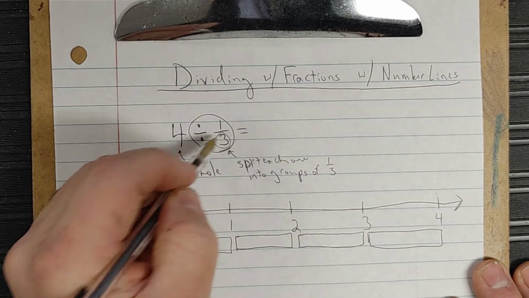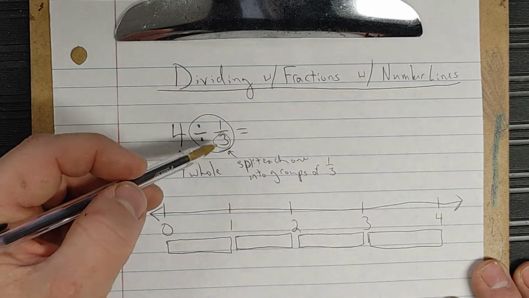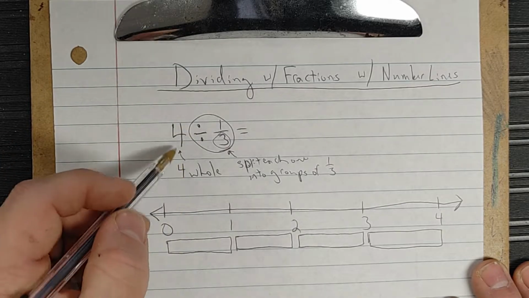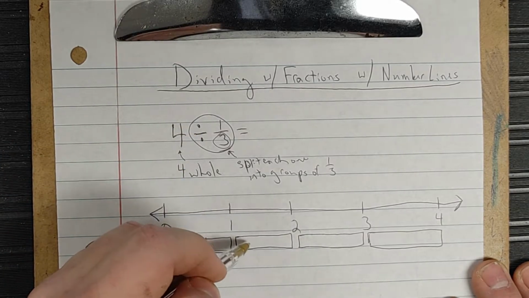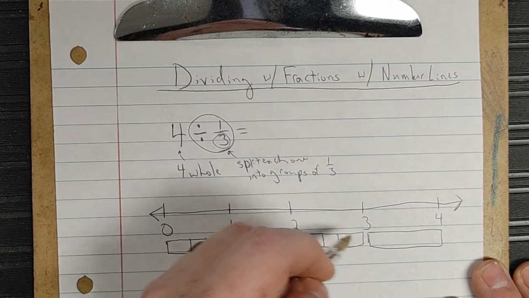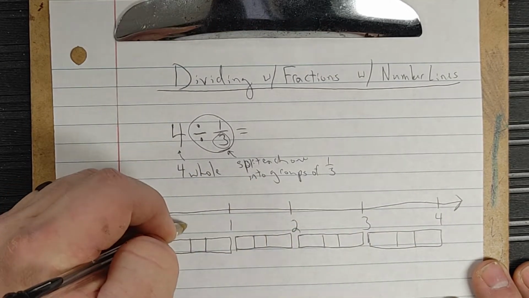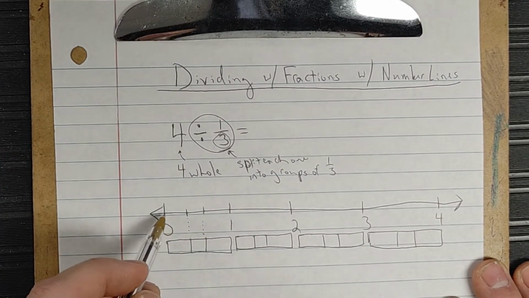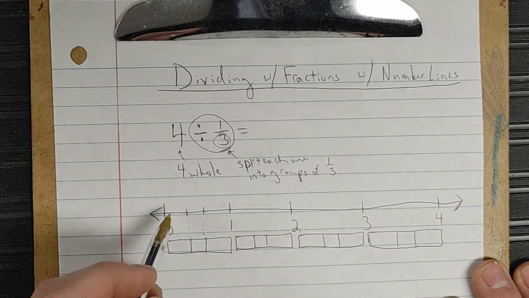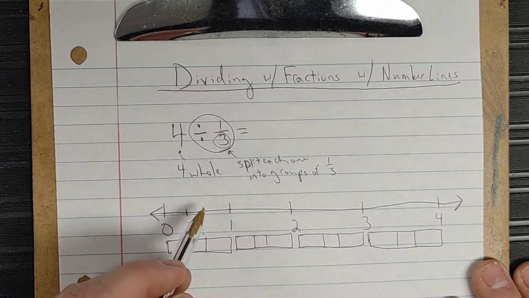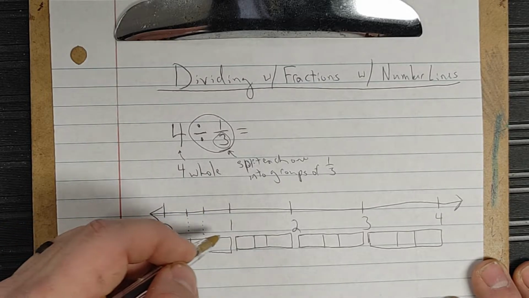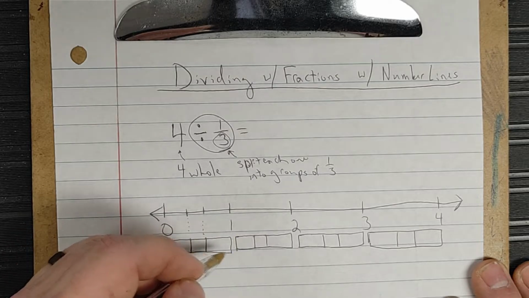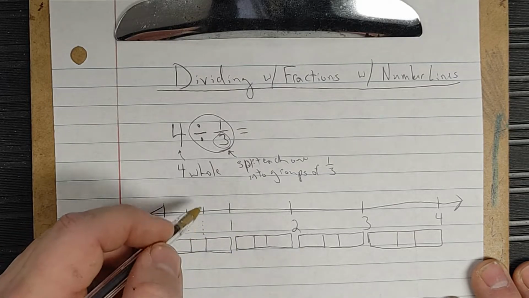Our denominator tells us that I'm going to split each whole into 3 pieces, so split it into thirds. 1, 2. 2 cuts makes 3 pieces. Right directly above it, and this helps when you have open number lines and wonder where to put the tick marks, make a fraction right below it, and it helps to know exactly where to put them.